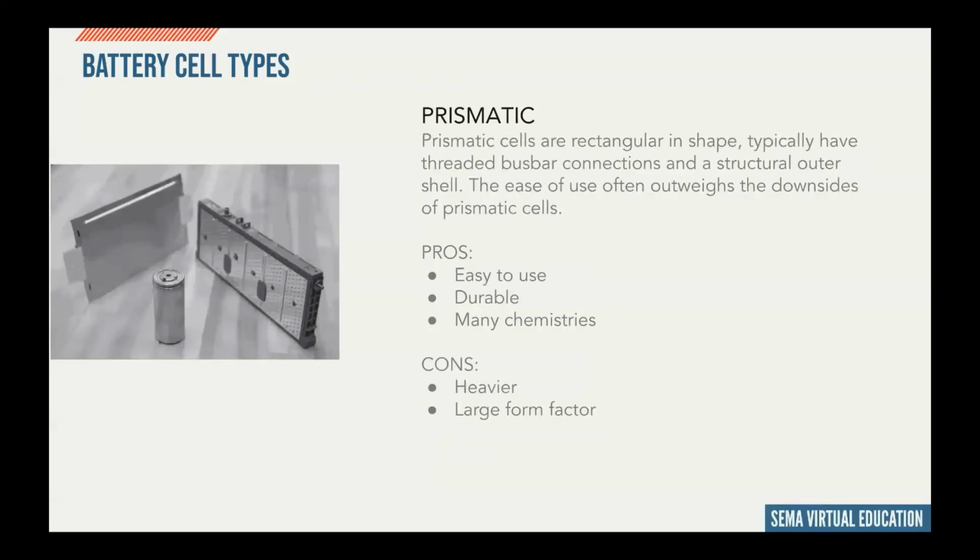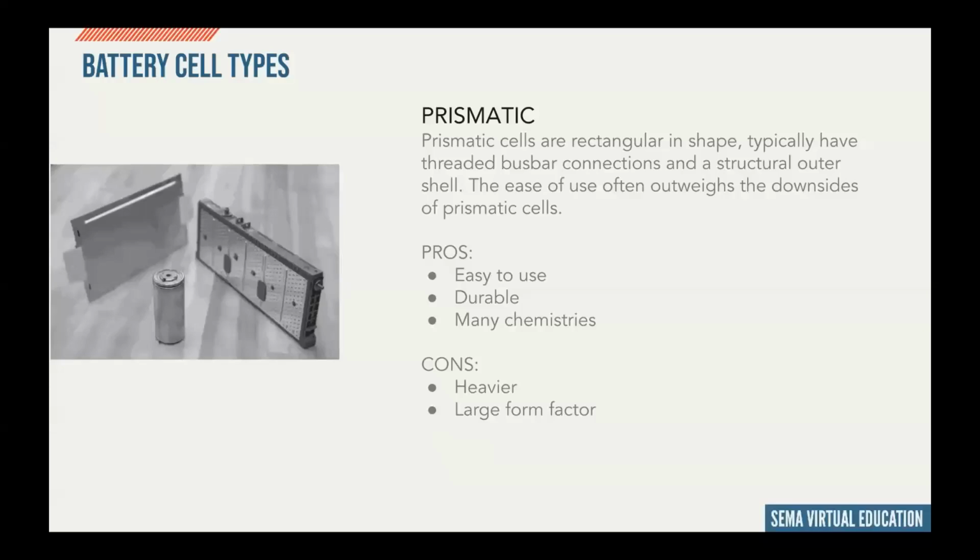The next cell, which is on the right-hand side, is prismatic, which are rectangular in shape, typically have threaded busbar connections, and have a structural shell to them. A lot like cylindrical, they have some type of structure that protects the internals of the cell. The pros are that they're very easy to use, which the threaded busbar connections are part of. It doesn't require any type of welding.